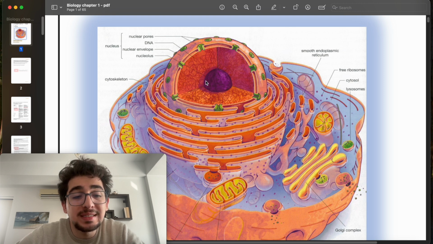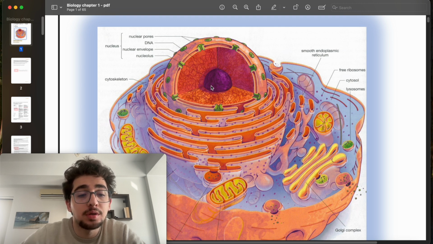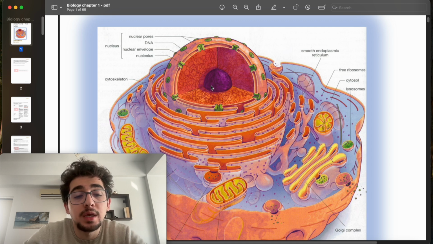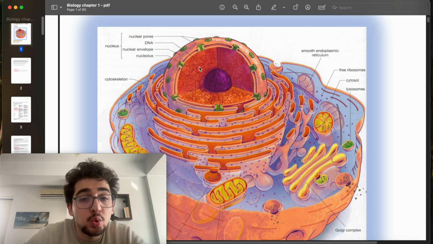The nucleolus is this part here that is responsible for the formation of the ribosomes, which in turn build the proteins.